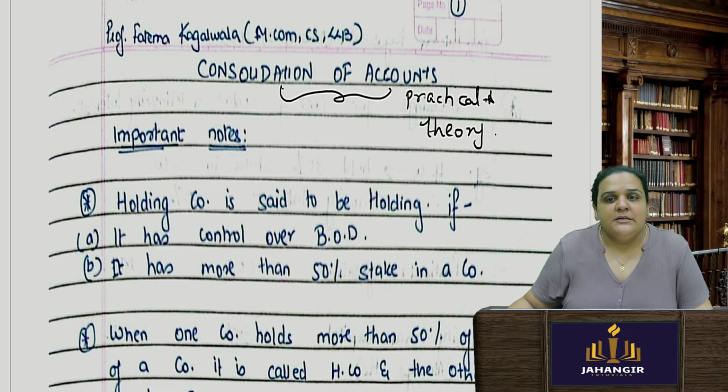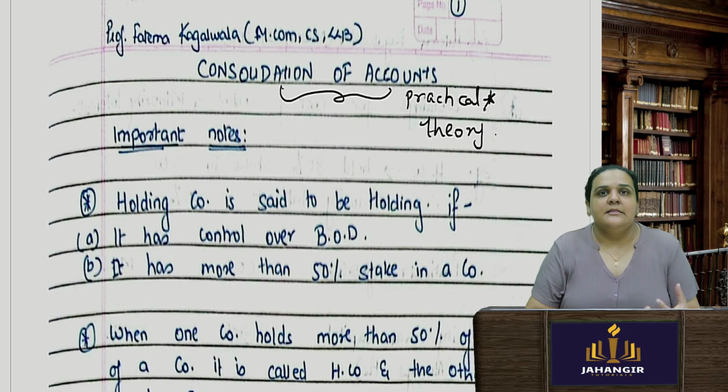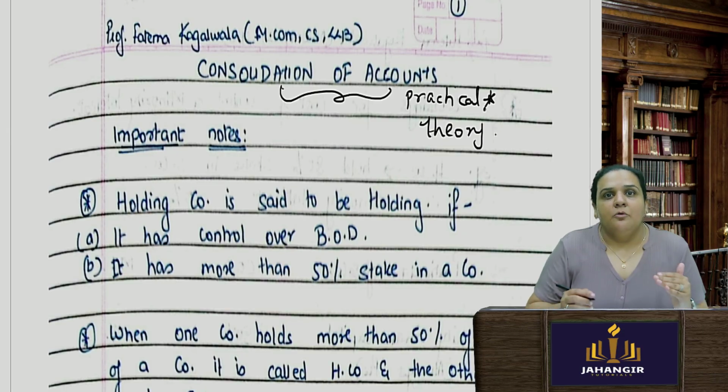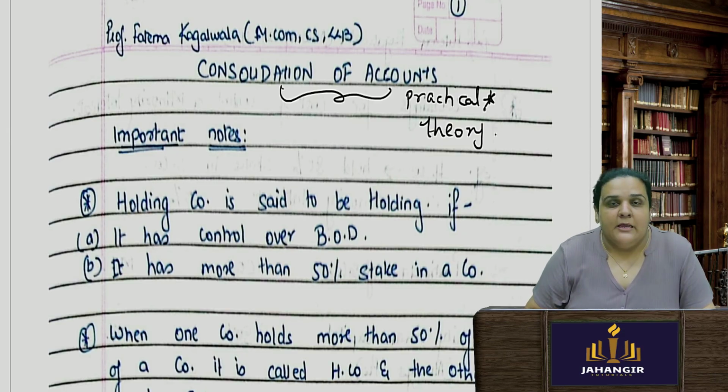We have to concentrate more on practical questions because this is what they ask in the past exam trend, and with my experience of teaching over these many years, I know what type of questions consolidation of accounts carries in the exams. So this chapter is good for 15 marks.